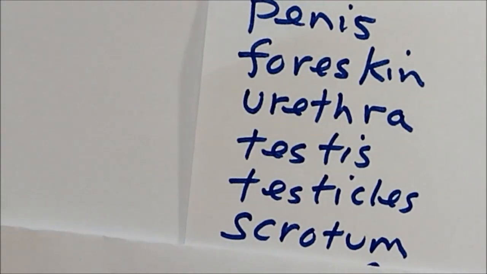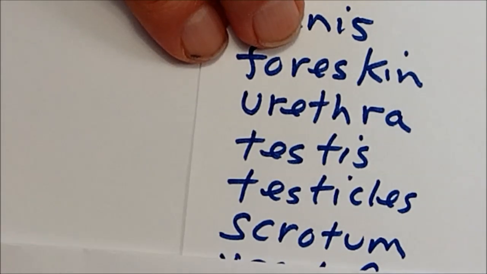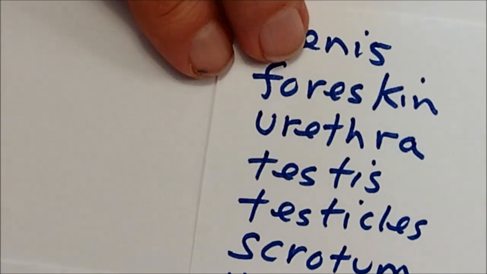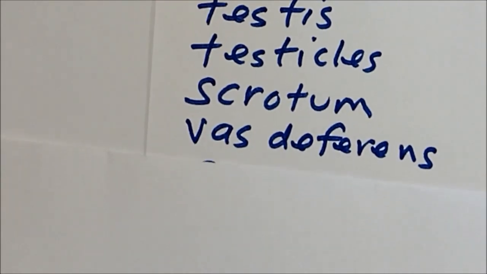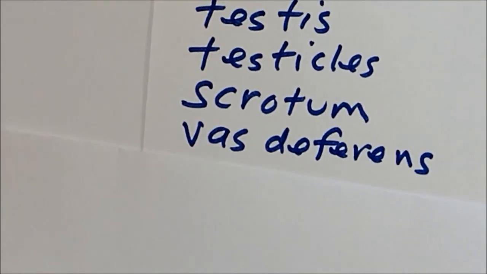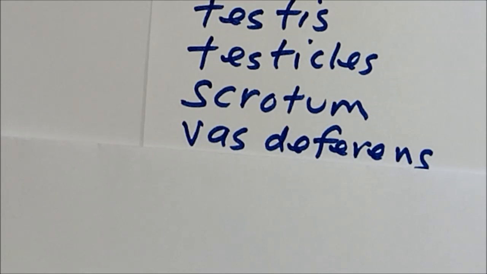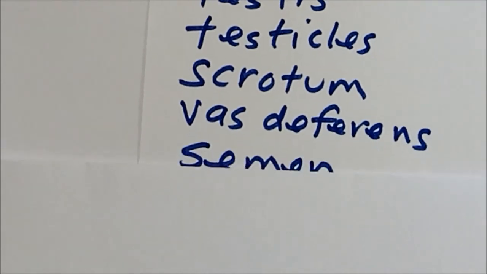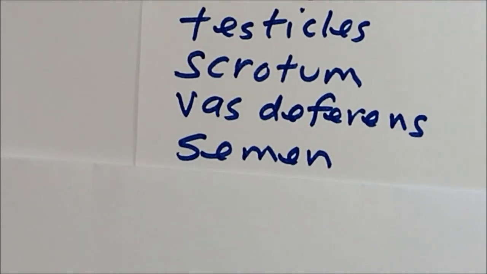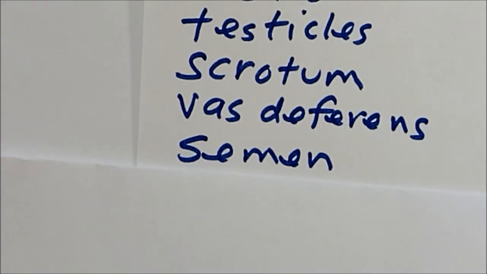All right. Vas deferens, this is one of those fancy terms again. This is the sperm tube. This is the tube leading from the testes up to the penis, through which the sperm go out during ejaculation. So it's just a fancy term for the sperm tube. Semen is a milky liquid that the sperm are in as they are ejaculated out of the penis.